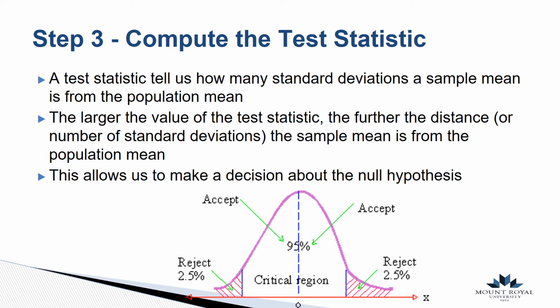So this allows us to make a decision about the null hypothesis. And there's a little diagram to help you understand that there. 95% being the most common level of confidence we'll set.